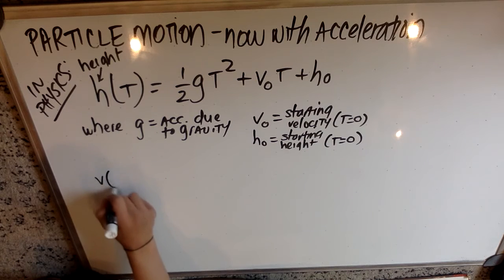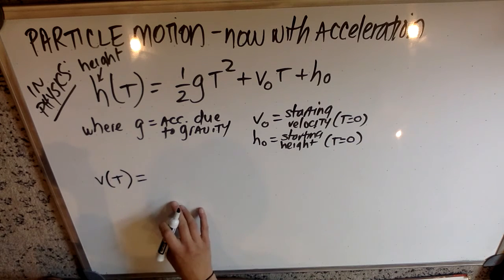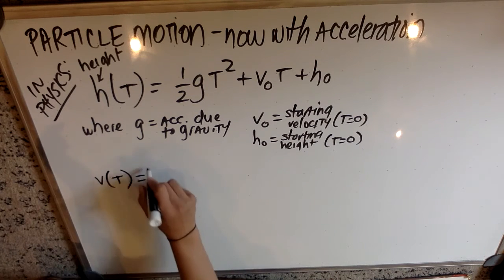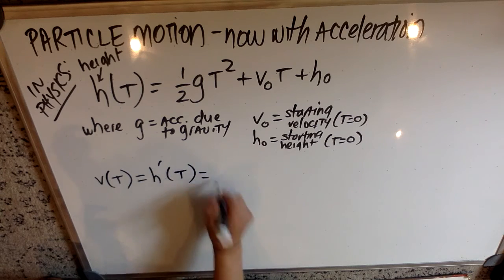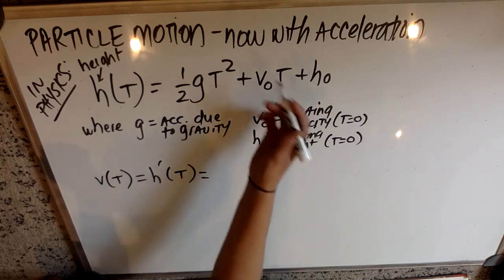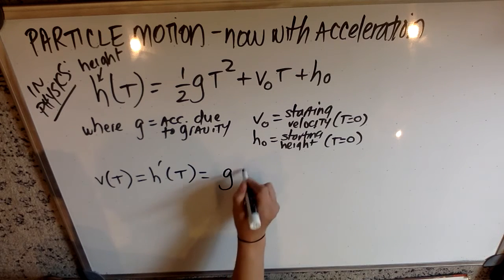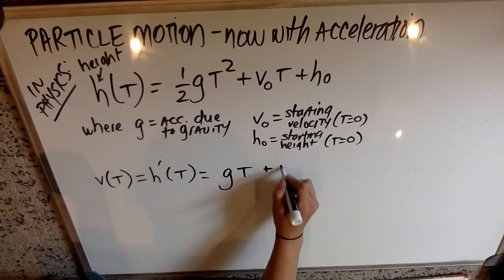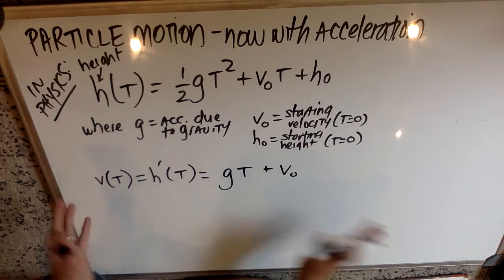If I wanted to find the velocity of this thing, it would be the same as h prime of t. So if I differentiate, the 2 drops down in front, and I would just get g times t plus v naught, and since h naught is a constant, it's gone.